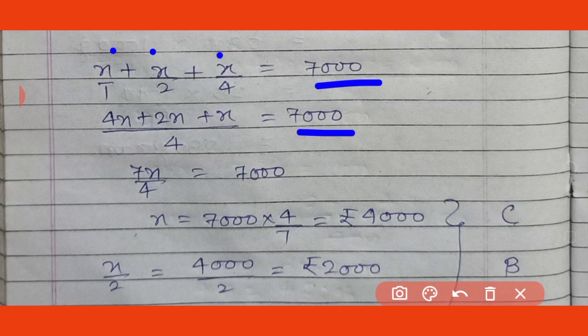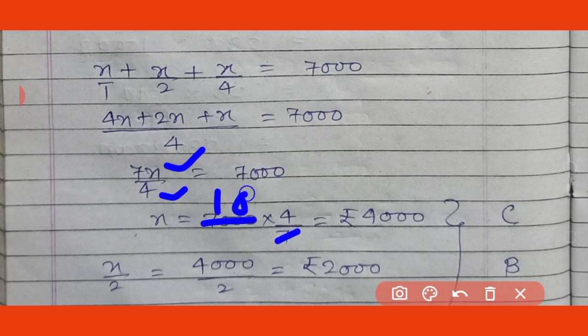These three terms are like terms, so they will add: 4x plus 2x plus x is equal to 7x upon 4. We do cross multiply. It means 7,000 will multiply with 4 and divide by 7. 7,000 divided by 7 is 1,000. So 1,000 multiplied by 4 is equal to 4,000.